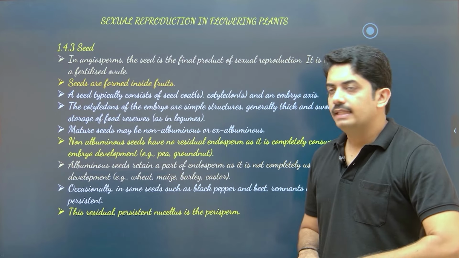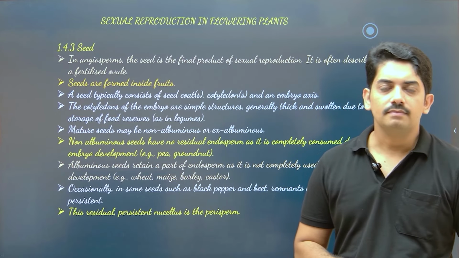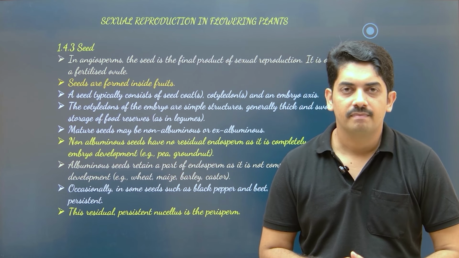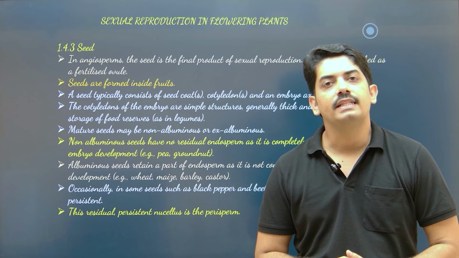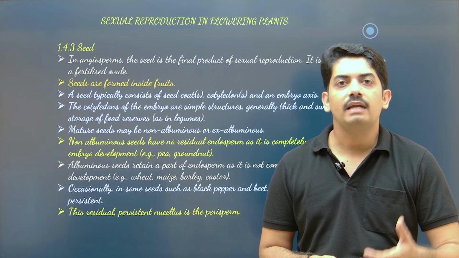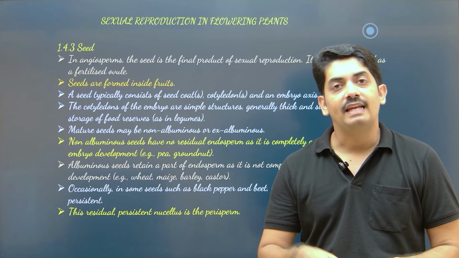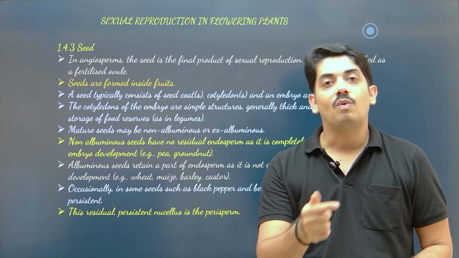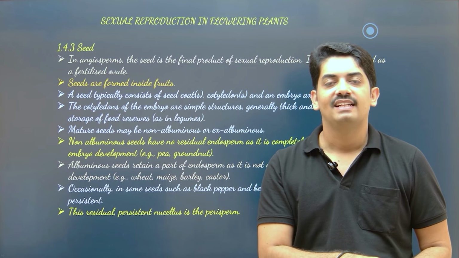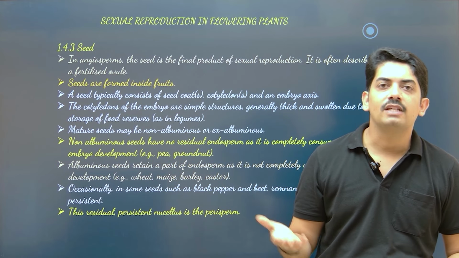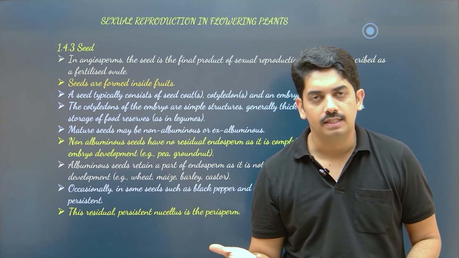Next concept is the seed. See, tell me, what is a seed actually? The embryo is nothing but the zygote which develops and becomes the embryo. Where is it present? It is present inside the seed. Now what is a seed? Just recollect the ovule. Inside the ovule, the embryo sac is present.